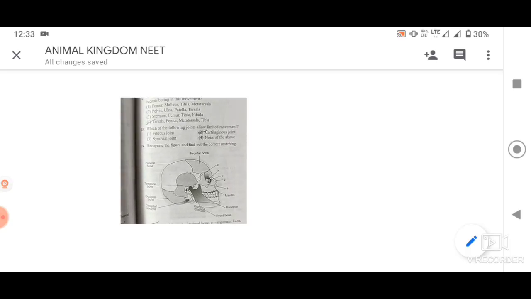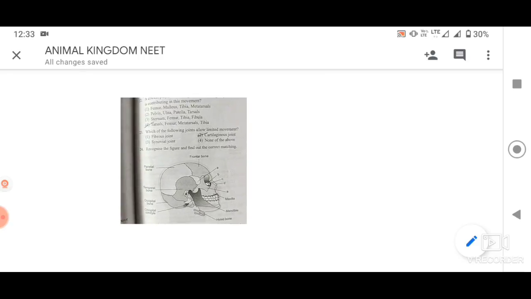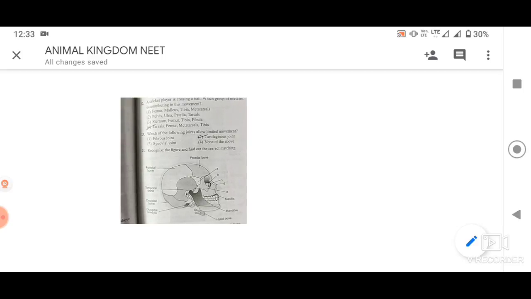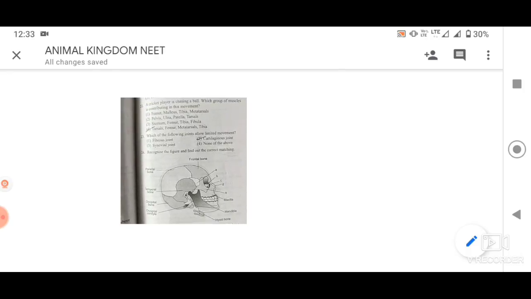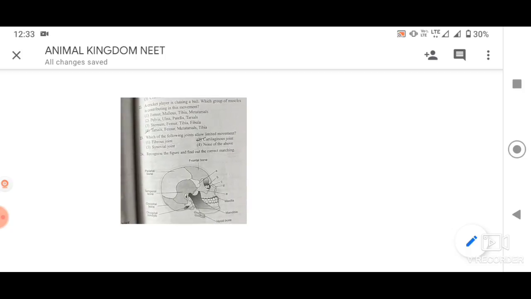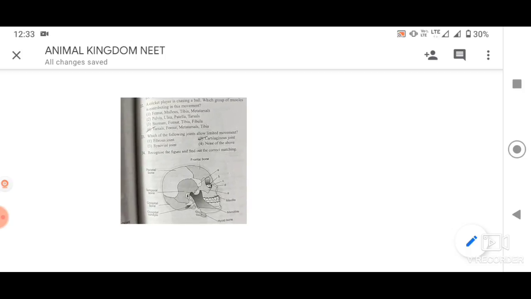So B here represents the ethmoid bone. Then C is near the eye, in the eye socket itself, just near the ethmoid bone. We can also find one more bone called lacrimal bone. So C is lacrimal bone.